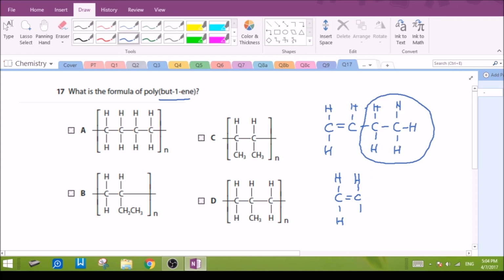So this whole C2H5 group will be found here. The way they form polymers is that the double bond will break and reach out to join a neighboring monomer. So the structure of the polymer that we are looking for will be B.